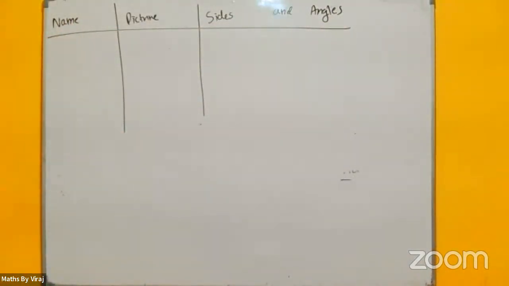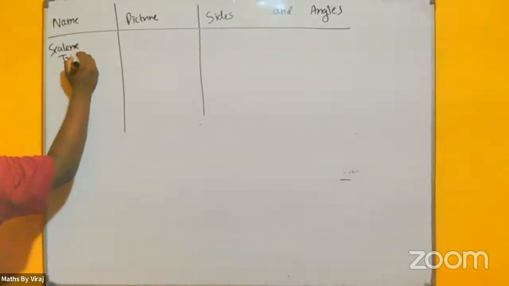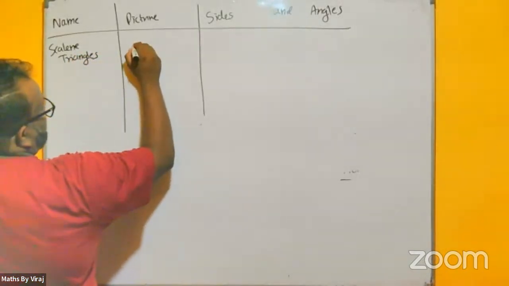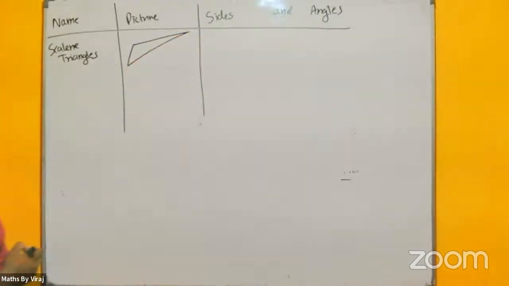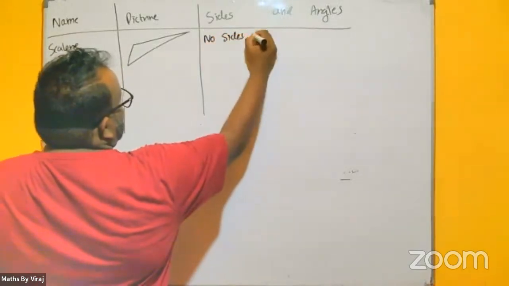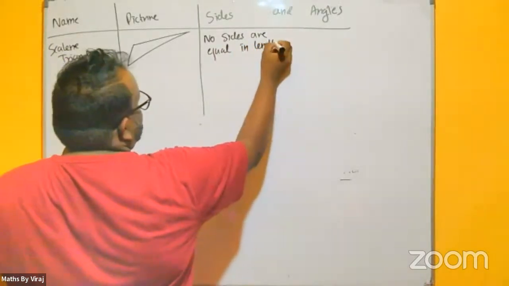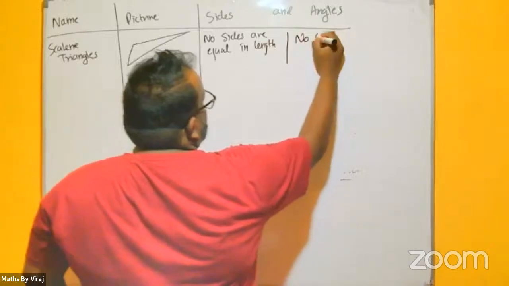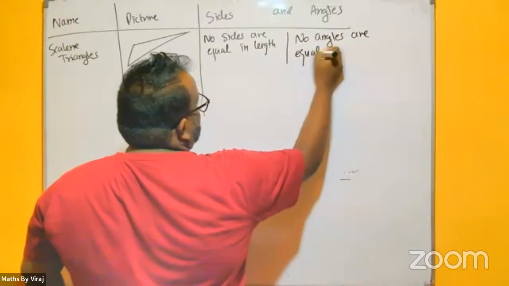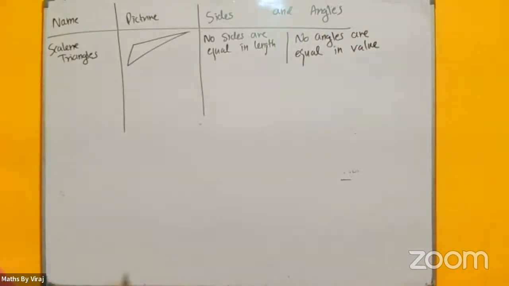First and foremost, I am going to teach you scalene triangles. How does a scalene triangle look? Something like this. Sides: no sides are equal in length. Angles: no angles are equal in value.